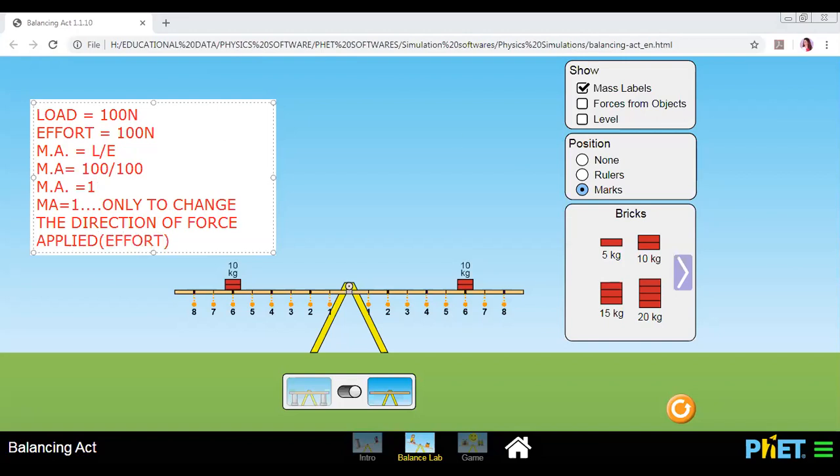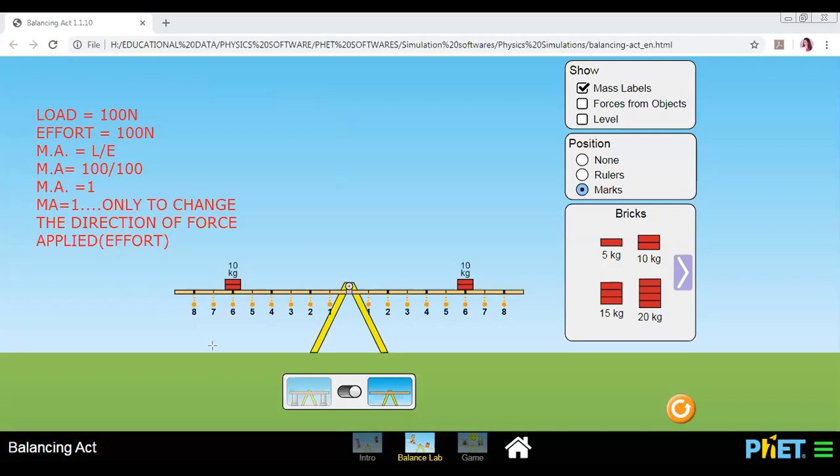Now understand what I'm trying to say by this. Okay. This very object, I want it to get lifted in an upward direction. But where I'm applying the force, I'm applying the force in a downward direction. Getting it? So when my MA comes out to be 1, what is the only task which is getting fulfilled by the machine?